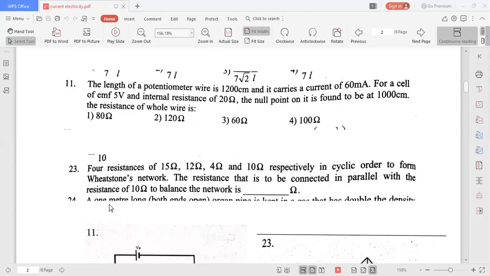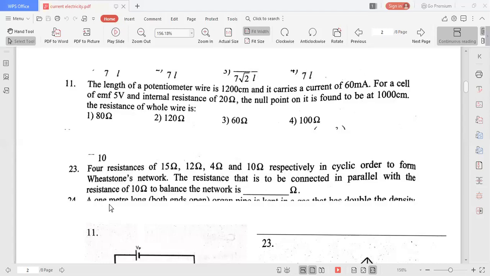The length of the potentiometer wire is 1200 centimeter and it carries a current of 60 milliampere. For a cell of EMF 5 volt and internal resistance 20 ohm, the null point is obtained. The null point is found to be 1000 centimeter. The resistance of the whole wire is dash.